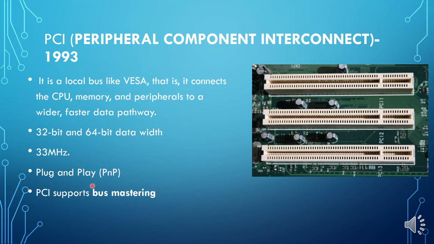And PCI supports bus mastering. Bus mastering is nothing but it shares the job of your CPU, so that it can make the CPU free and the CPU can perform some other tasks.